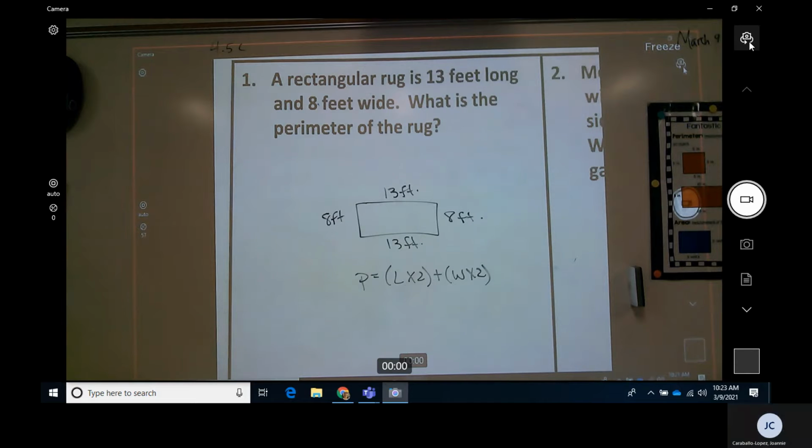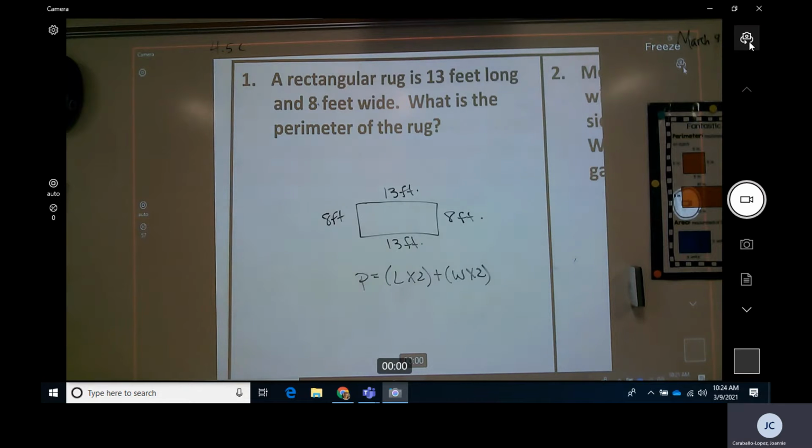What do you need, sir? All right, guys. So did you use the distributive property?